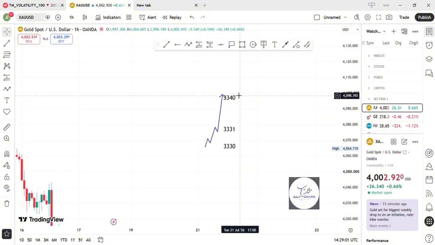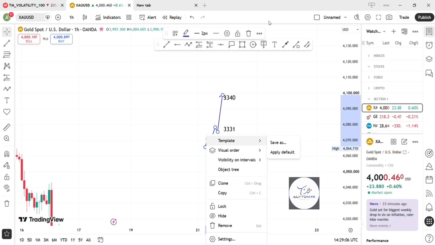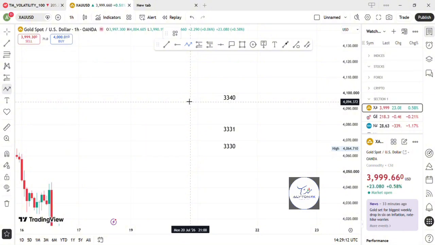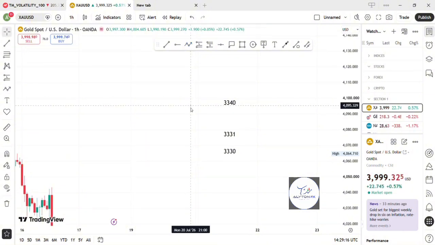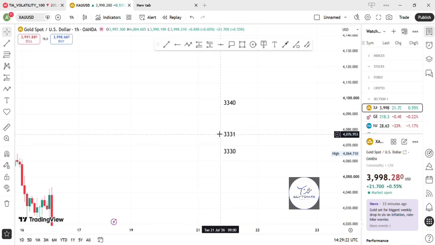The same applies vice versa when you sell. Just imagine you sold gold, XAUUSD, at this point. You sold at 3340, and you are targeting your take profit.